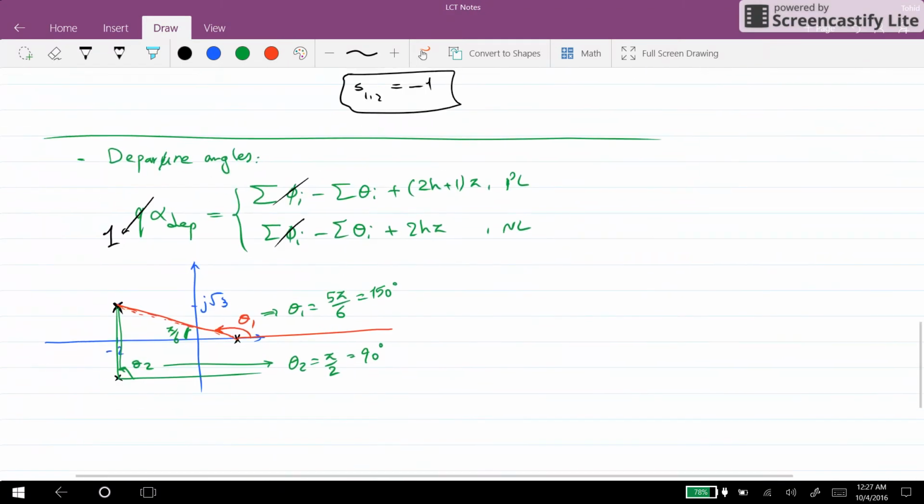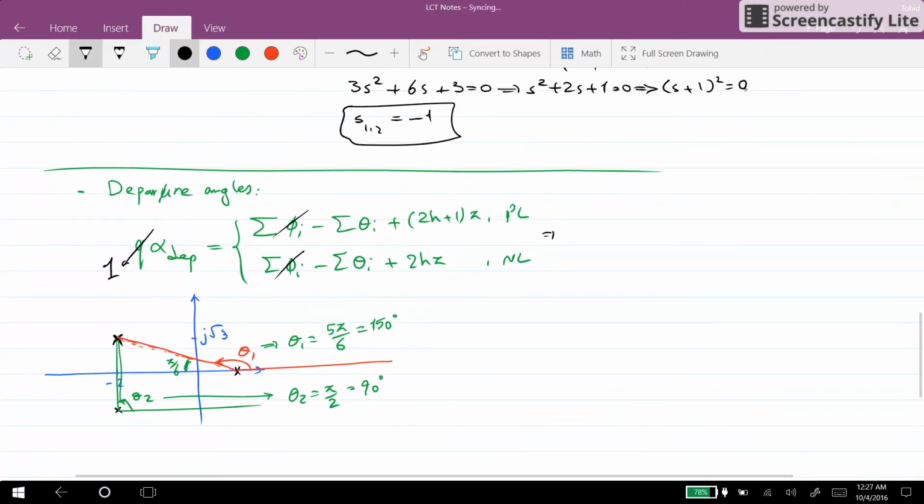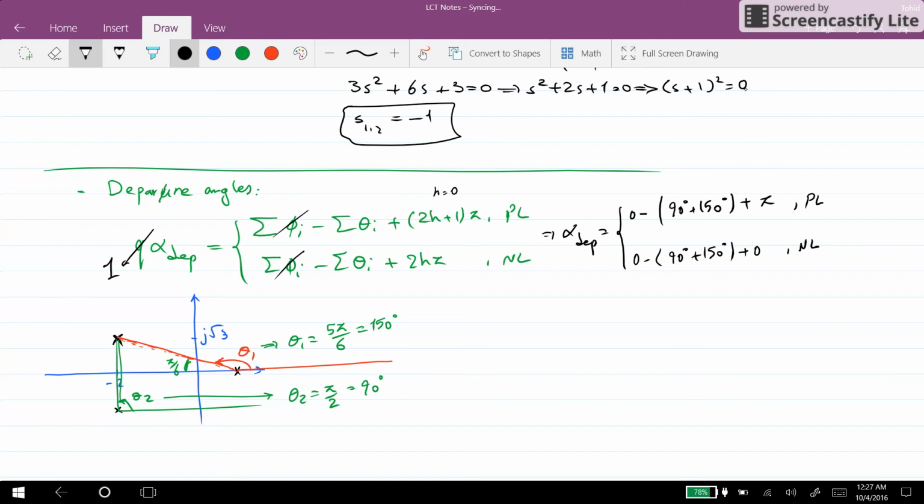So we will have departure angle equal to the sum of phi i's, 0, minus the sum of theta i's, 90 degrees plus 150 degrees, plus (2h plus 1) pi, and since here we have only q equal to 1, h will be equal to 0, plus pi for the positive locus, and 0 minus 90 degrees plus 150 degrees plus 0 for the negative locus.